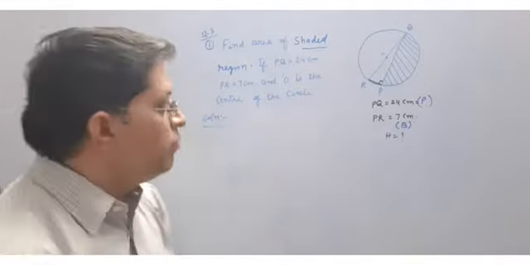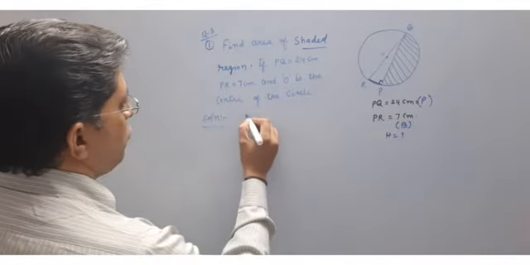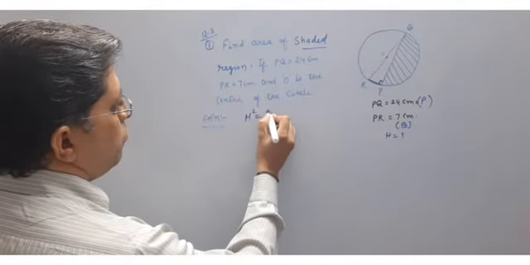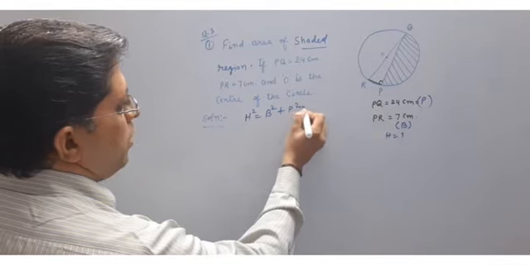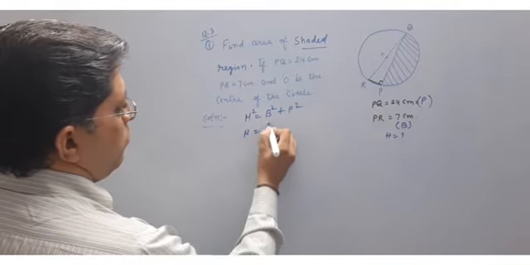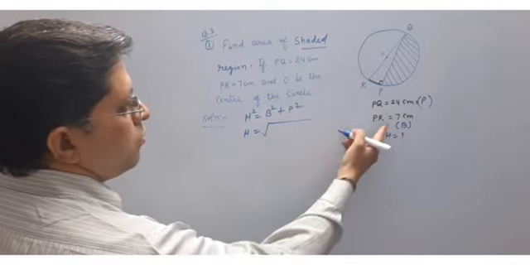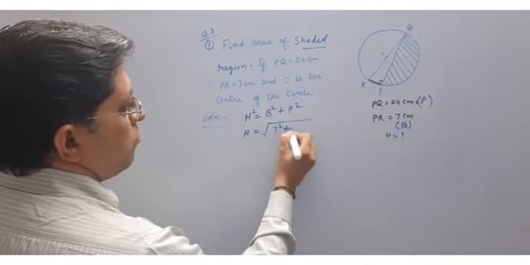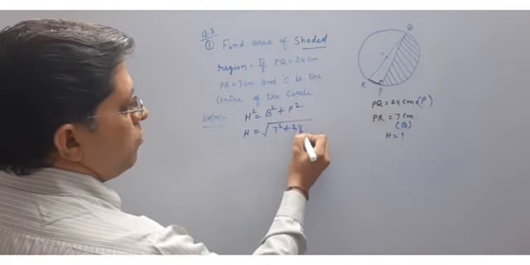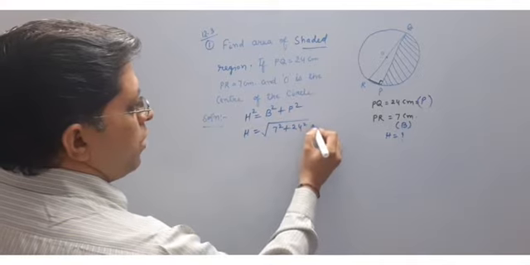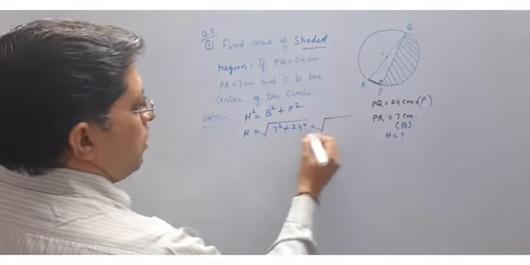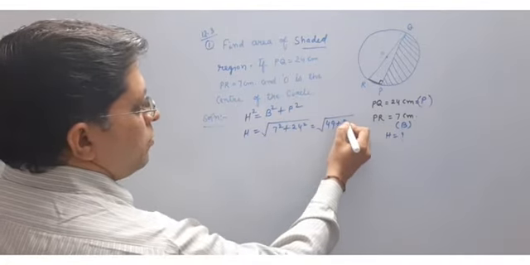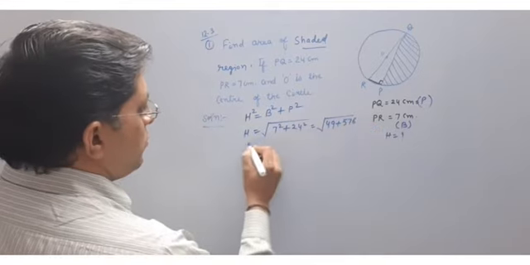Now come on here. H square is equal to B square plus P square, so H will be under root. B is 7, so 7 square. P is 24, so 24 square. 7 square is 49, this is 576.